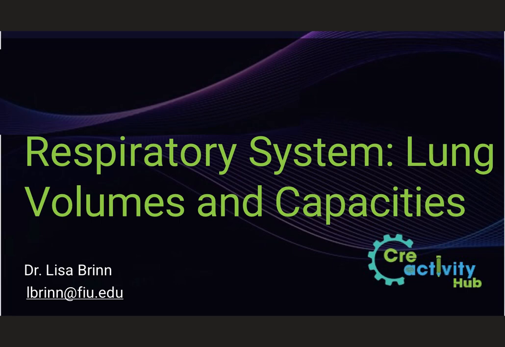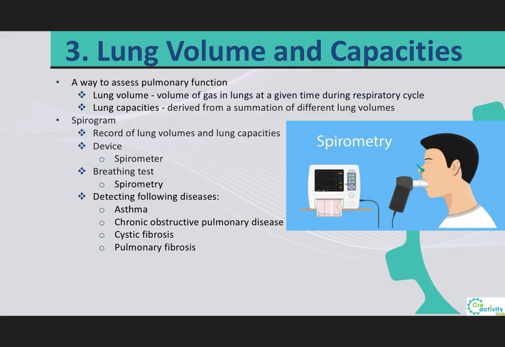Hello, everyone. In this lecture, we're going to be talking specifically about lung volumes and lung capacities. Several specific lung volumes can be measured as a way to assess pulmonary function, and a record of lung volumes and lung capacities, which is basically a combination of the lung volumes, is known as a spirogram.